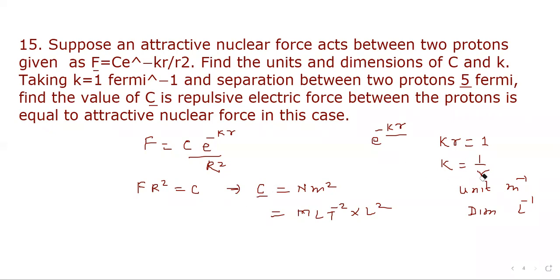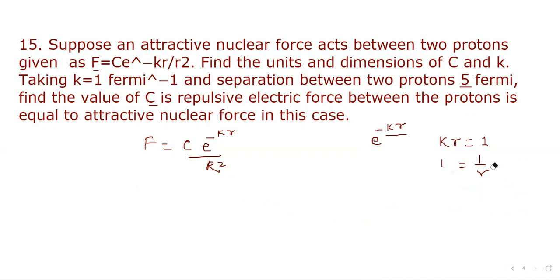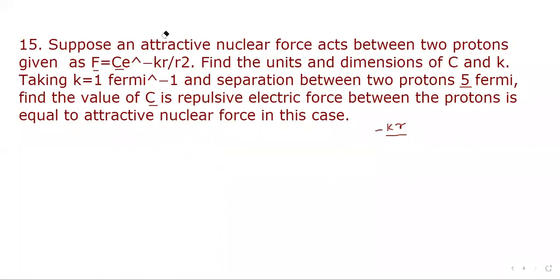Now, the next part is to evaluate the force between two protons in this case, and then find the value of C. For this, the values are given: K equal to 1 Fermi power minus 1, and R is given as 5 Fermi.